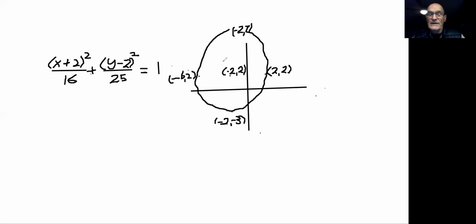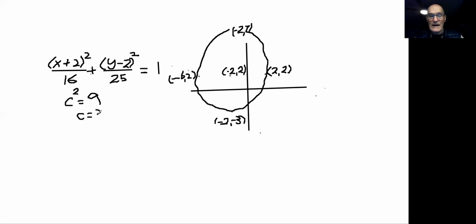Now, the difference between the center and the focus is c, and c squared is always, for the ellipse, the difference between these two numbers here. It's the difference between 25 and 16, which is 9. So that means that c is 3.